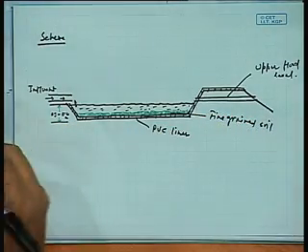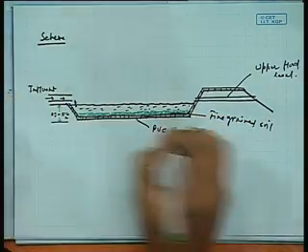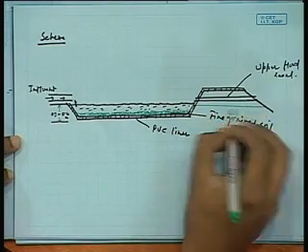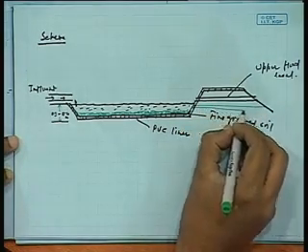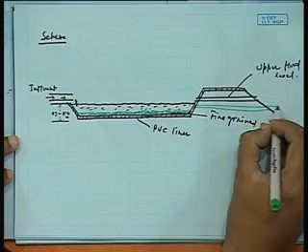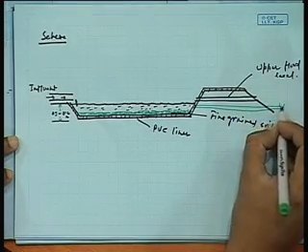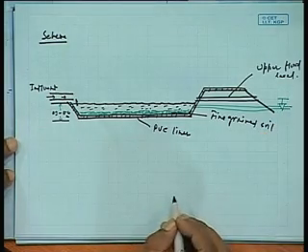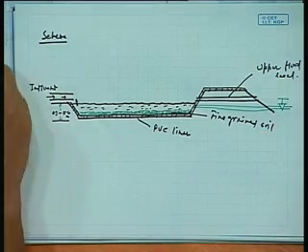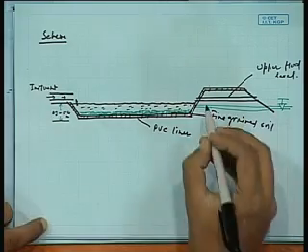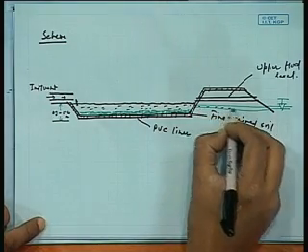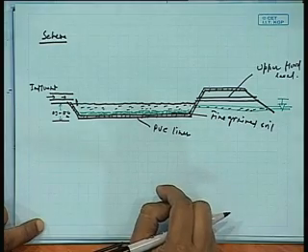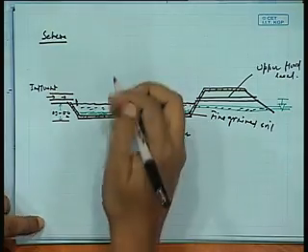Otherwise, the water stream from the top would be taken out in a controlled manner from this wetland. This is an aerobic wetland.